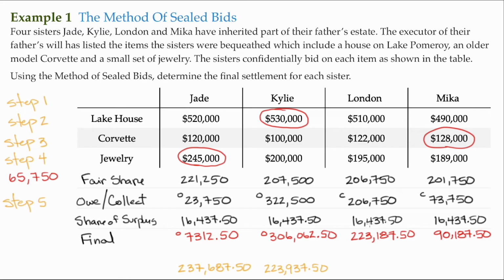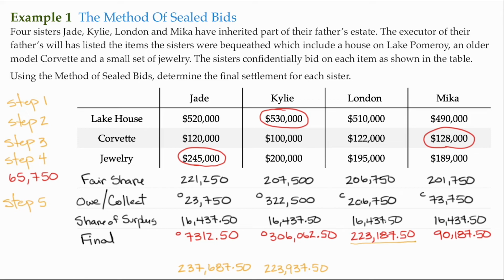London, she winds up getting a straight $223,187.50 when she was expecting to only get $206,750. So again, she's getting a lot more than her fair share, so she's very happy.